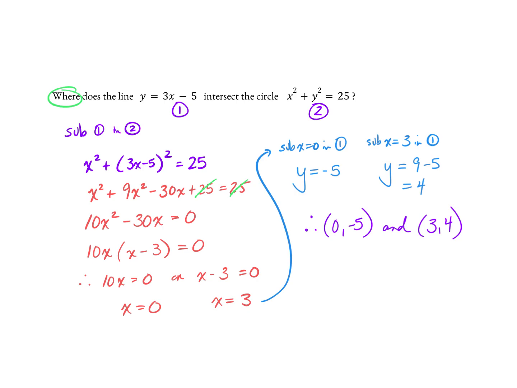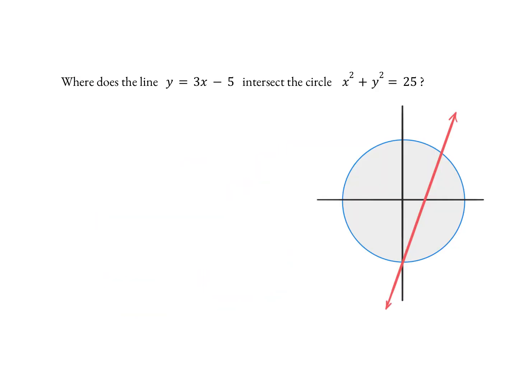Okay, what I'm going to do is pop up a diagram of the situation so we can quickly see what we just worked through algebraically. So what you see on the screen now on the right is your blue equation 2, that being my circle, center 0, 0, radius 5. My equation 1 is my line.